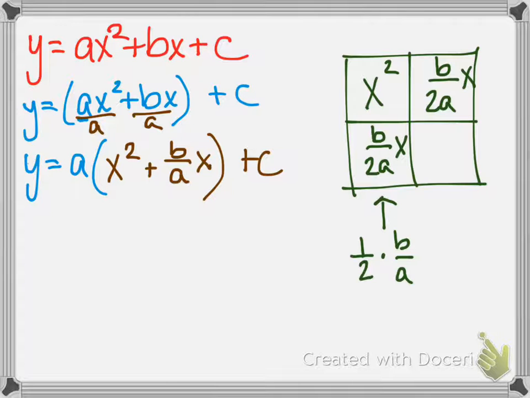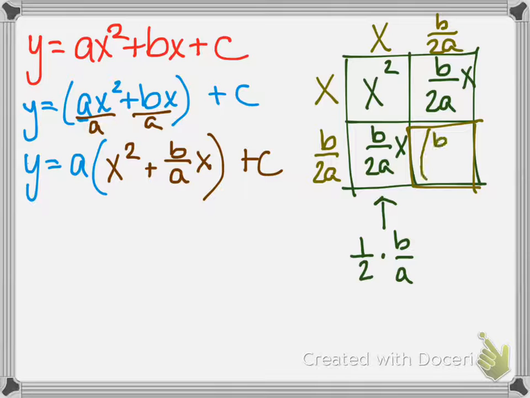So now the outside of my square says x and b over 2a and x and b over 2a. To complete the square, I multiply b over 2a by itself, which means I get b over 2a squared.